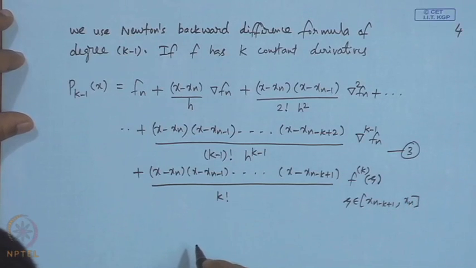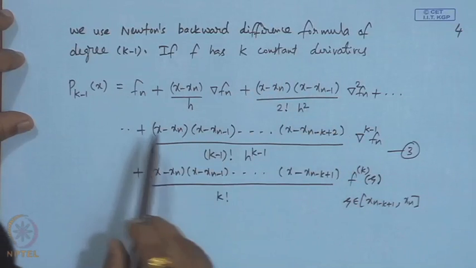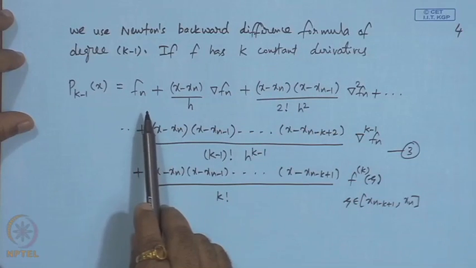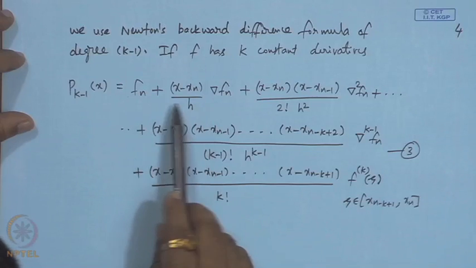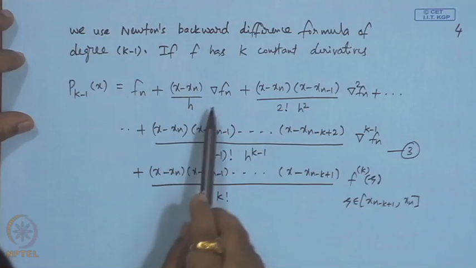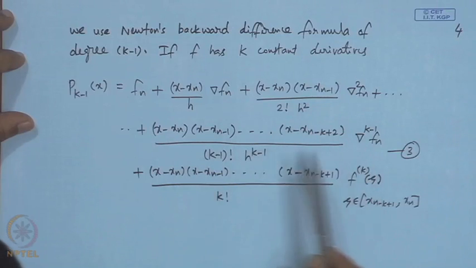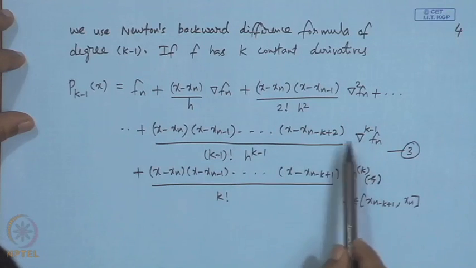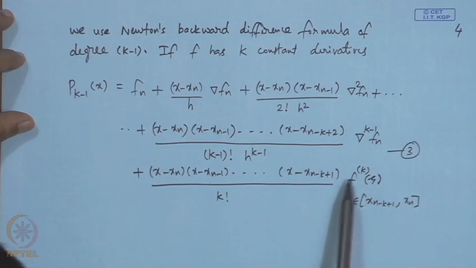So, look at it, we have used Newton's backward difference formula and this is given by f n plus x minus x n by h times the first difference, second order differences, higher order differences, and this is the k minus 1 term, and then the kth term is the remainder term that involves the kth order derivative of f.